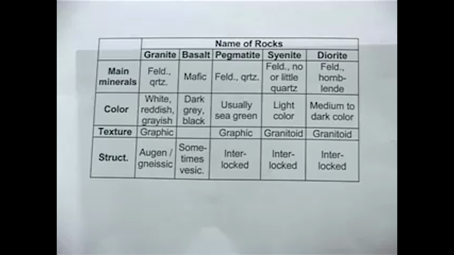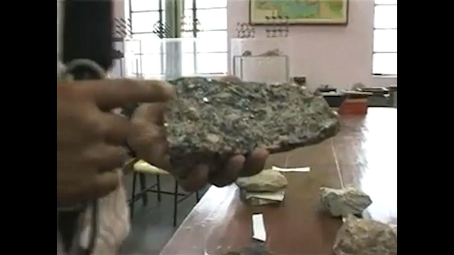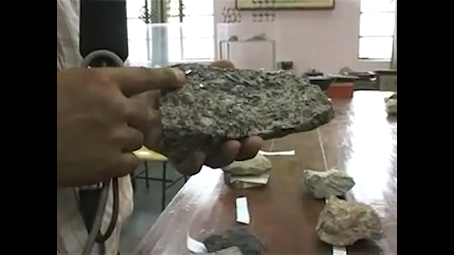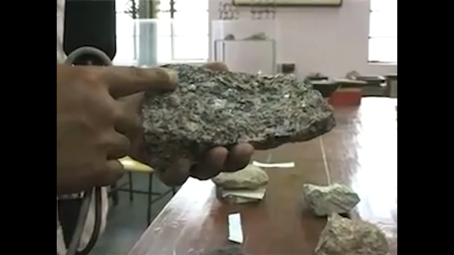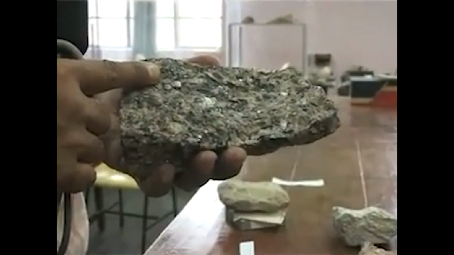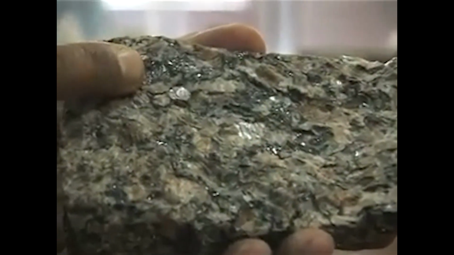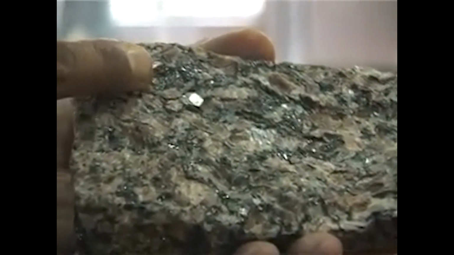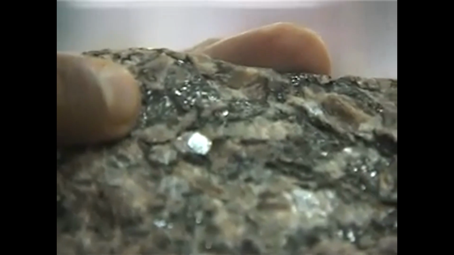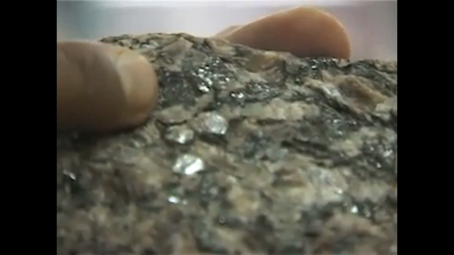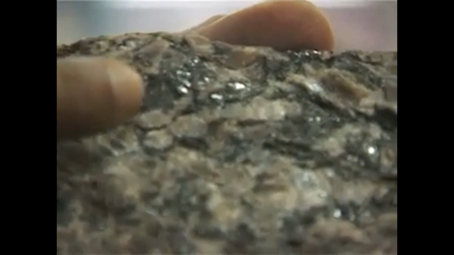So let's begin with granite. The structure of granite is called a graphic structure, and this is really an interlocked arrangement of individual grains, individual crystals.